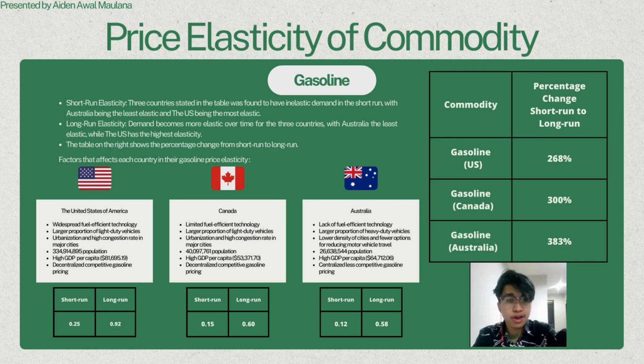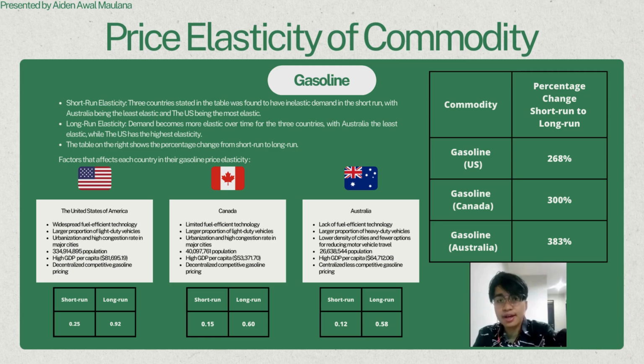The United States also has the largest population compared to the other two, as well as a larger proportion of light-duty vehicles and a more decentralized, competitive gasoline pricing.